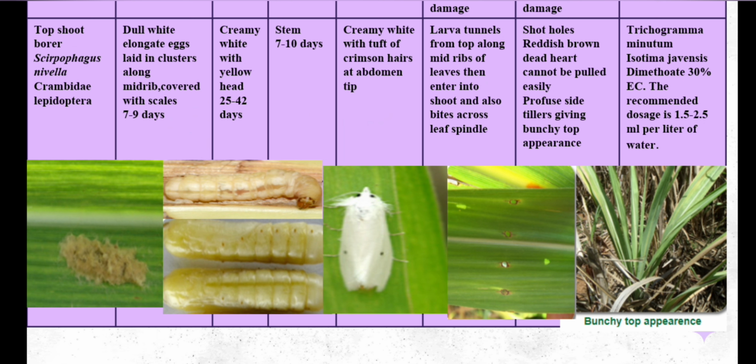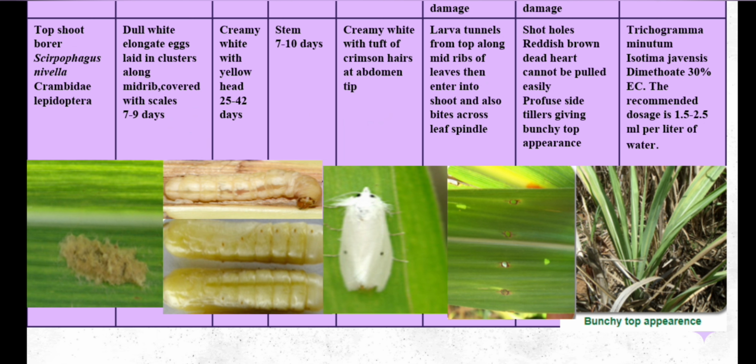And coming to the adult of early shoot borer, the adult is brown in color, and the margin of the forewings consists of white color spots. In case of internodal borer, the adult is straw colored and forewings have black color stripes or margins. And in case of top shoot borer, the adult is creamy white in color with tuft of crimson hairs.